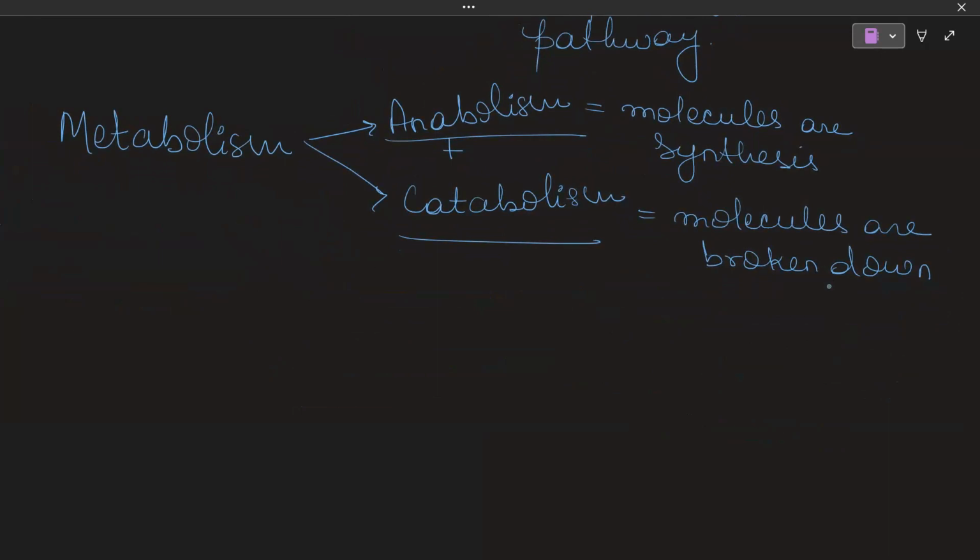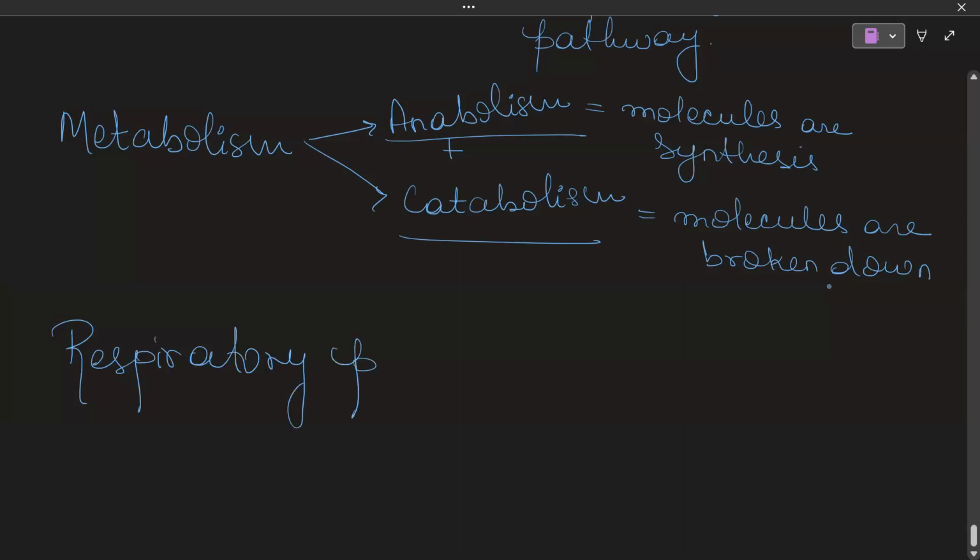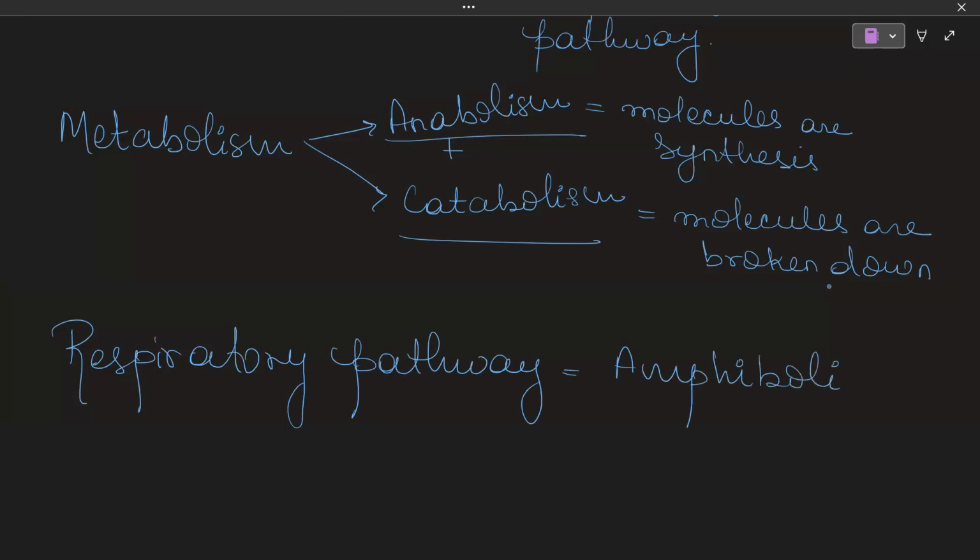It has both anabolic and catabolic aspects. Amphi means dual, like amphibians. So it is an amphibolic pathway.